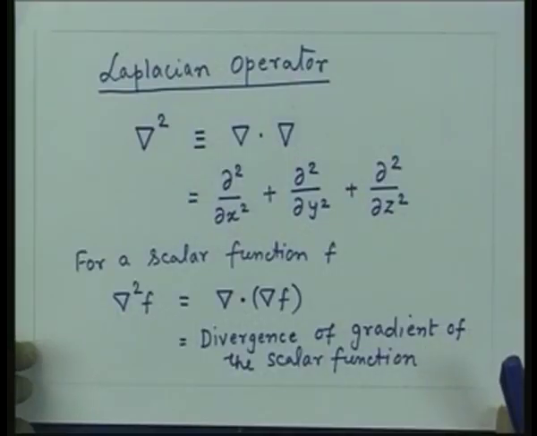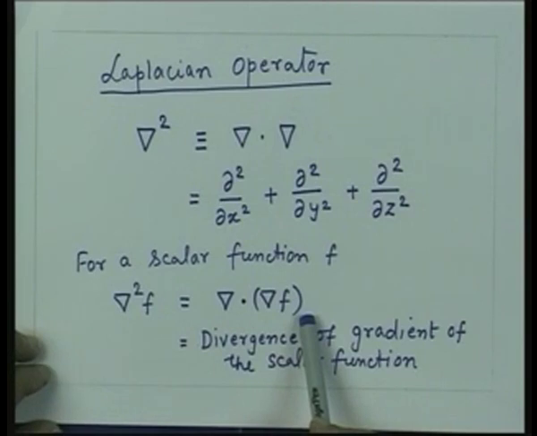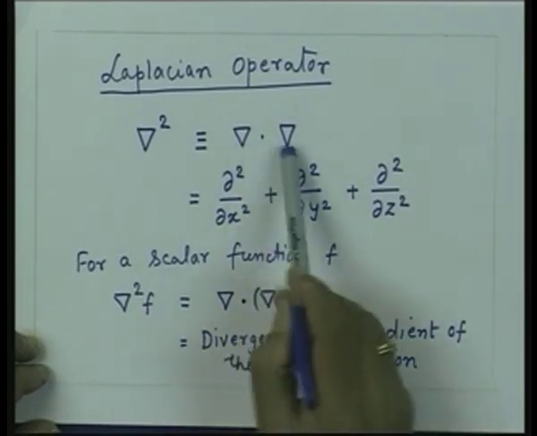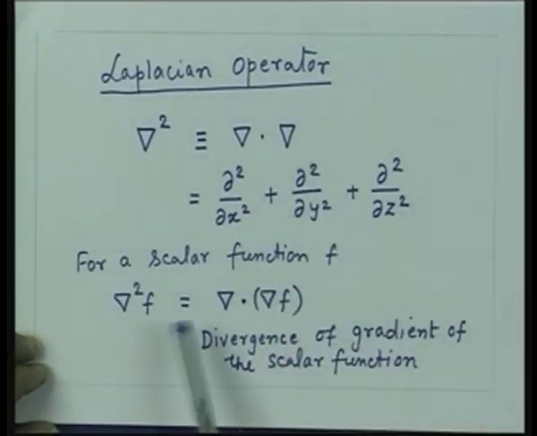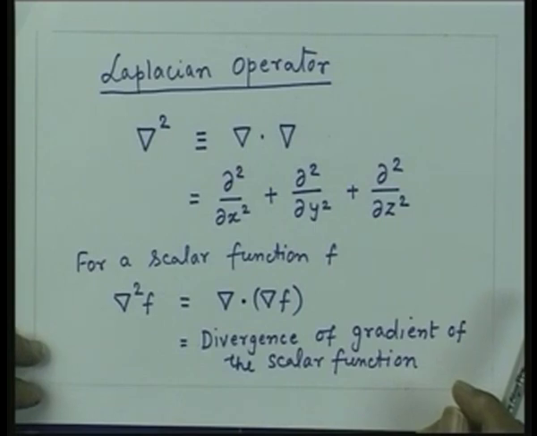The del square operator, however, is not restricted to scalar functions only. It can operate also on vectors. If I follow the same thing as we have done here, del dot del and put a vector in front of it, I will get del dot del of the vector F, but that will not have any meaning because we have not defined the operation del of a vector quantity.